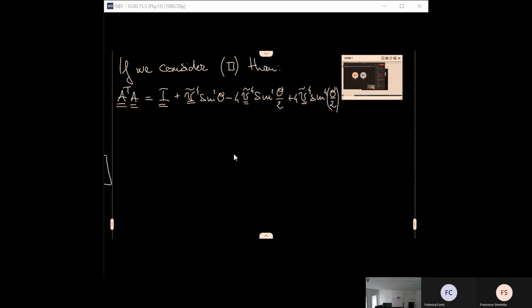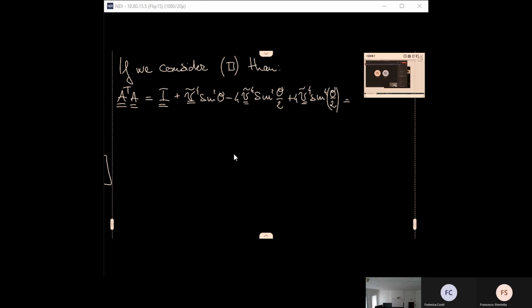Now, what I do is basically apply the famous trigonometric formula to this, so that I only deal with theta divided by 2. So I do this.